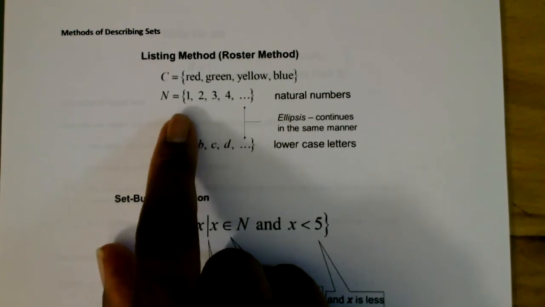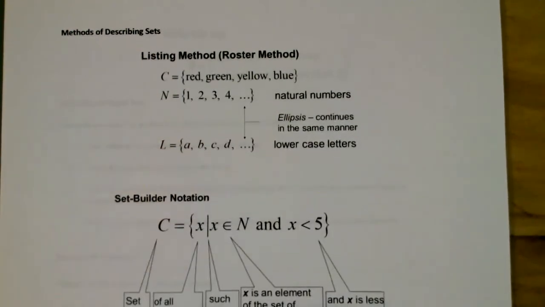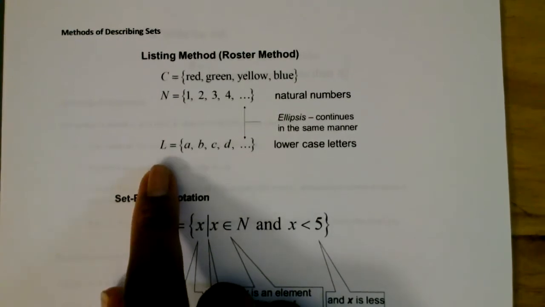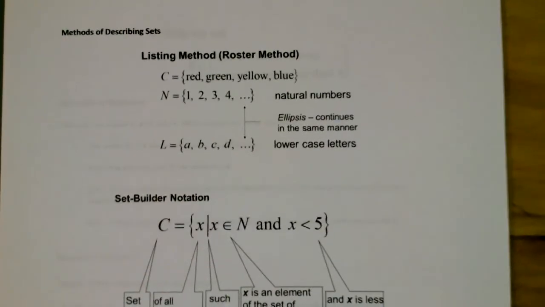That set is listed as 1, 2, 3, 4, and then we've got 3 dots right behind it. Those are called ellipses, which means that this set continues in the same manner. It continues on and on without end. And then the capital letter L represents a set of lowercase letters like a, b, c, d, and so on, with 3 dots or the ellipses behind it.